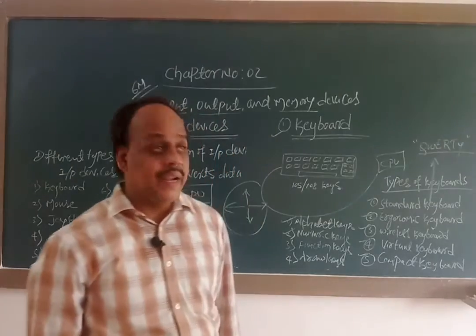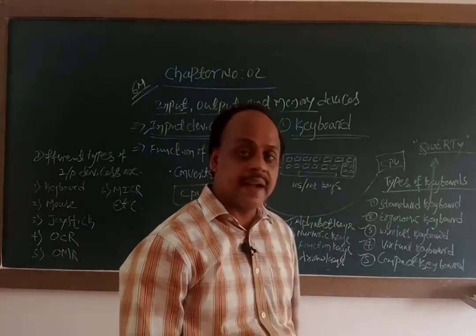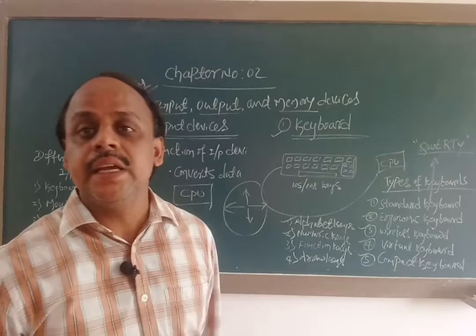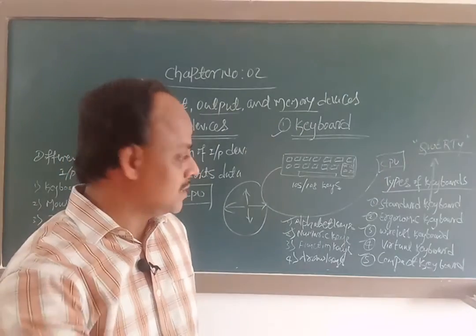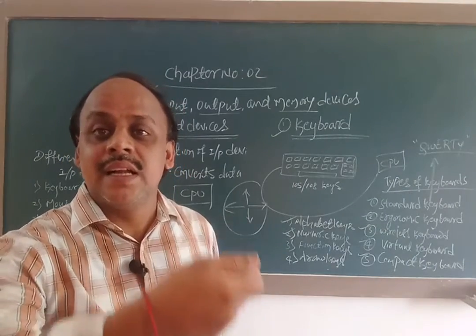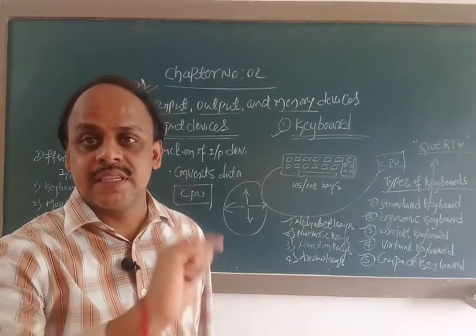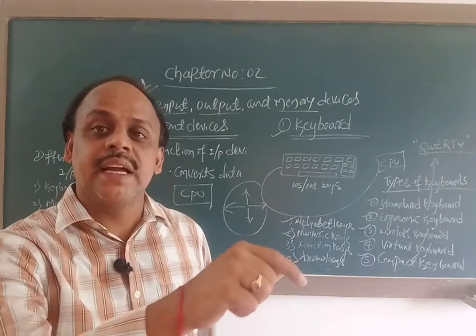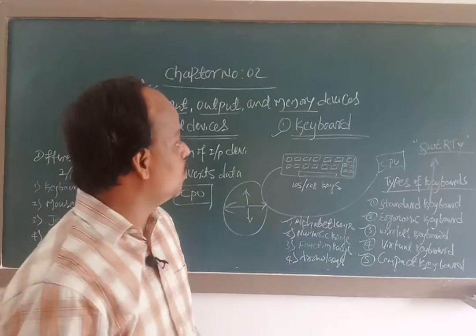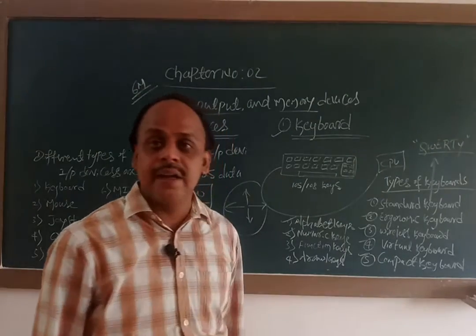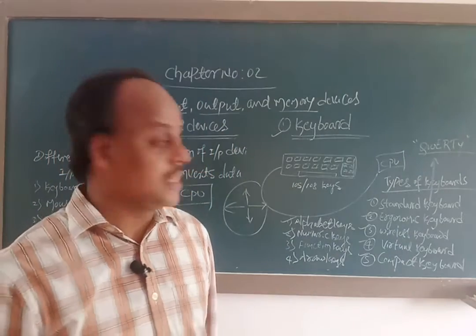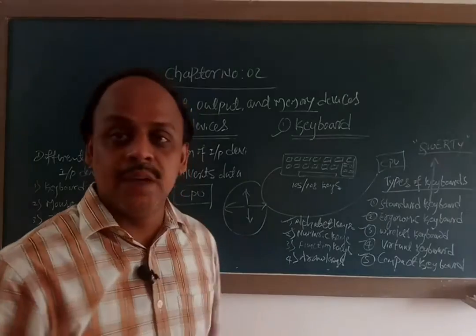Why is it called a QWERTY keyboard? Because this type of keyboard contains, in the alphabetic section, in the first row, the letters Q, W, E, R, T, Y. That's why it is also called QWERTY keyboard.